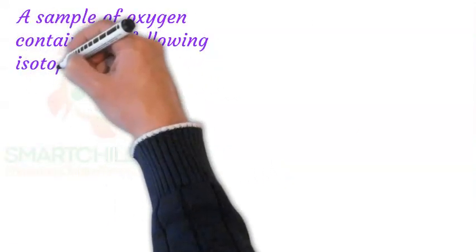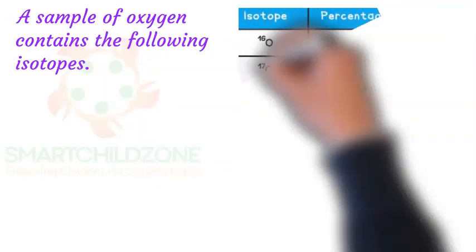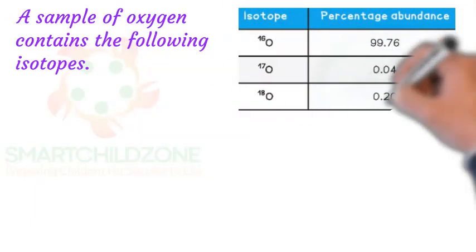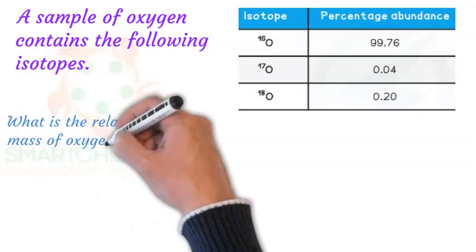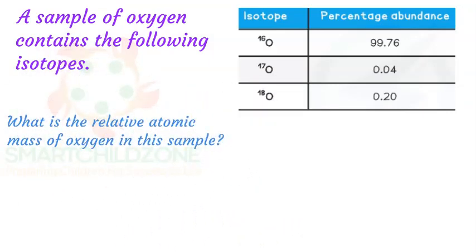A sample of oxygen contains the following isotopes. What is the relative atomic mass of oxygen in this sample?